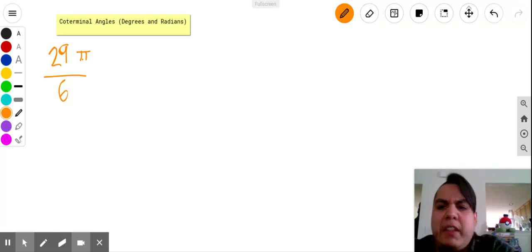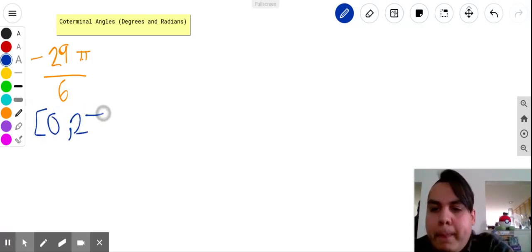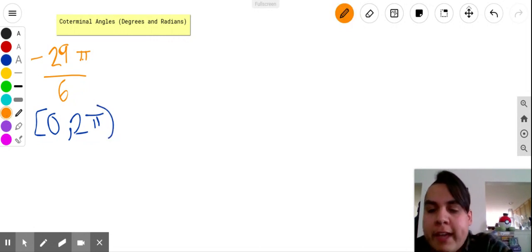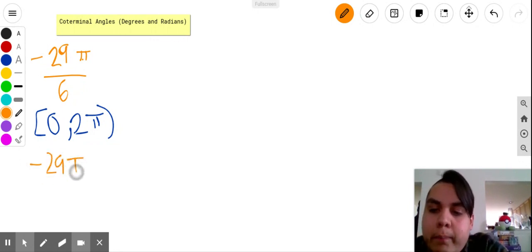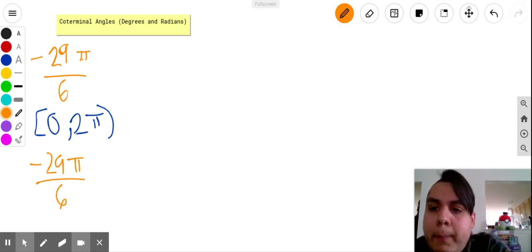And just for the heck of it, let's make it negative while we're at it. Still the same question. I want to figure out a coterminal angle between 0 and 2 pi. So the fact that it's negative means that it's below 0. So that means I'm going to have to add an entire revolution to it in order to make it fall between 0 and 2 pi.